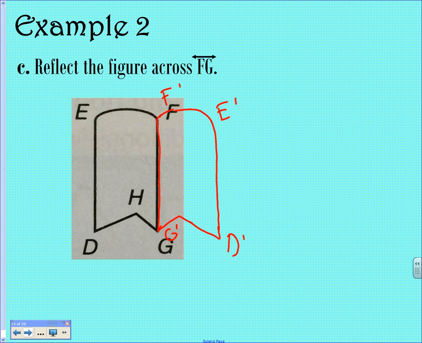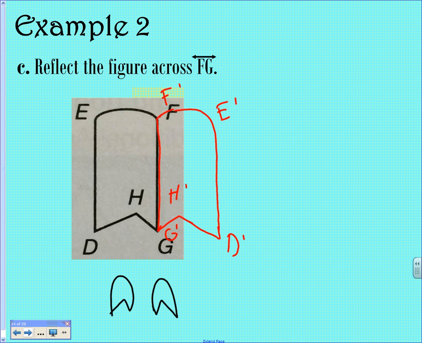Does that look pretty close? So it said across FG. So if I had drawn my picture over here, if I had done it like that, would that be okay?